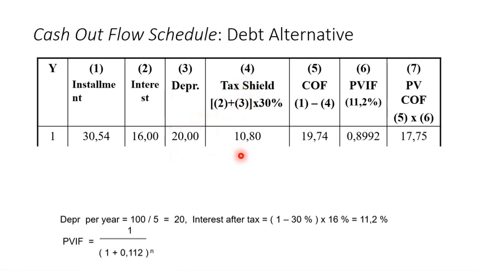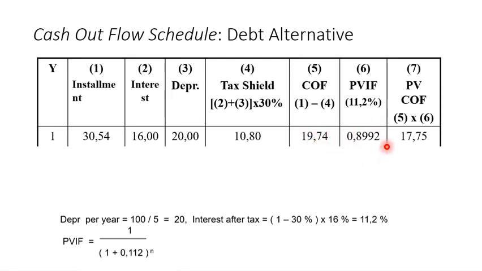So the tax shield for both interest and depreciation is 16 plus 20 times 30%, so column 2 plus column 3 times 30%. That will give you 10.80 million. And the cash outflow will be column 1, the installment, minus the tax shield. So basically the cash outflow that the company pays is 19.74 million.